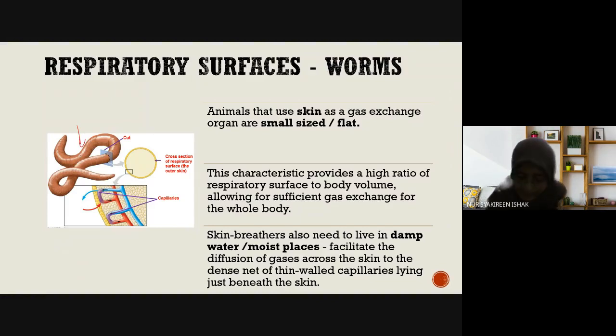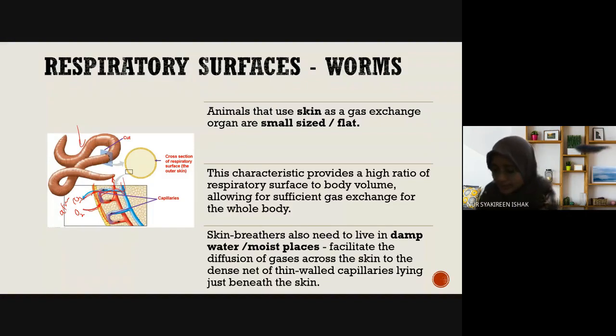Beneath the skin you have many blood capillaries, so that oxygen can diffuse in and carbon dioxide can diffuse out of the blood capillaries. Carbon dioxide diffuses out from the blood, passes the skin and into the atmosphere. Oxygen from the air diffuses through the skin into the blood capillaries. So this one brings oxygen rich blood throughout the body, and this one brings oxygen poor blood so that carbon dioxide can be released.